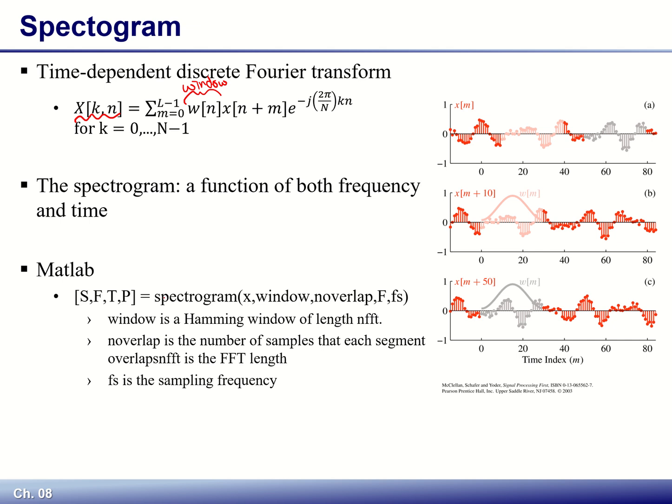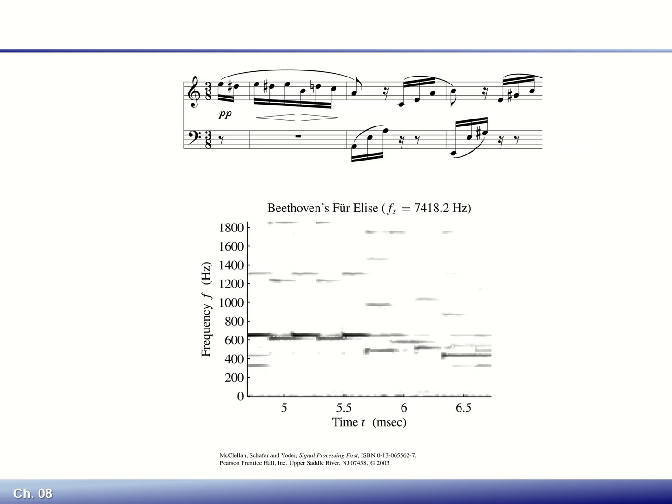Okay, there are functions in MATLAB you can use. For example, here it is Beethoven's Für Elise. Here is the music. Music is a function of time, also a function of frequency. So with a certain time window, we move like this and apply the DFT.